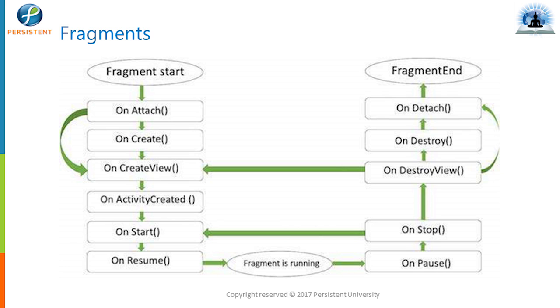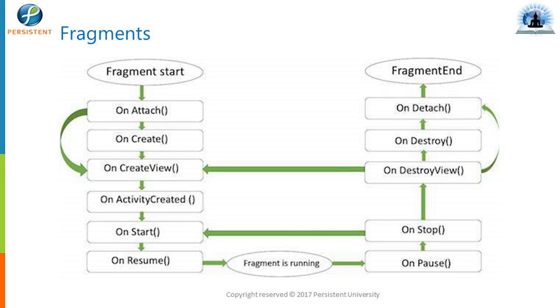onCreate is called by the system when creating the fragment. You should initialize essential components of the fragment that you want to retain when the fragment is paused or stopped and then resumed. onCreateView is called when it's time for the fragment to draw its user interface for the first time.